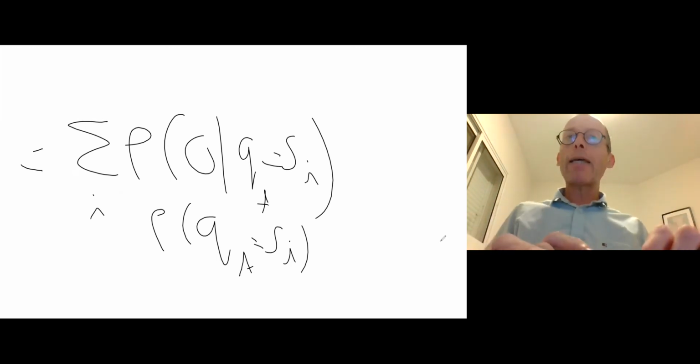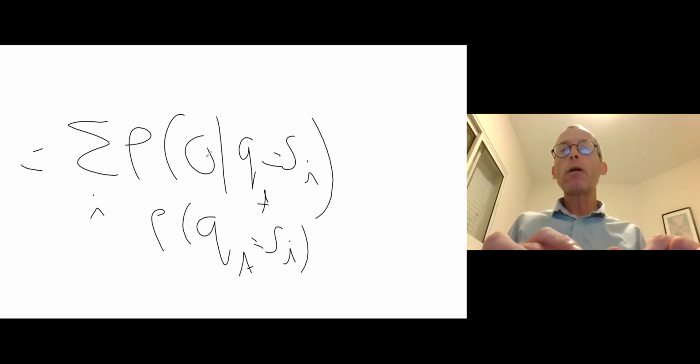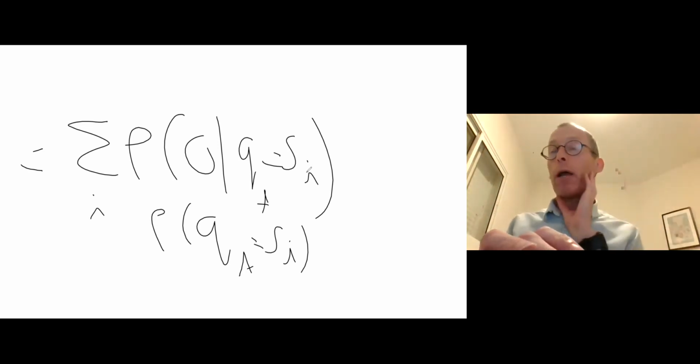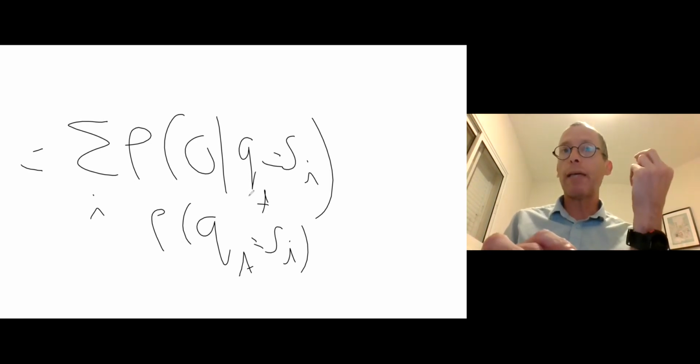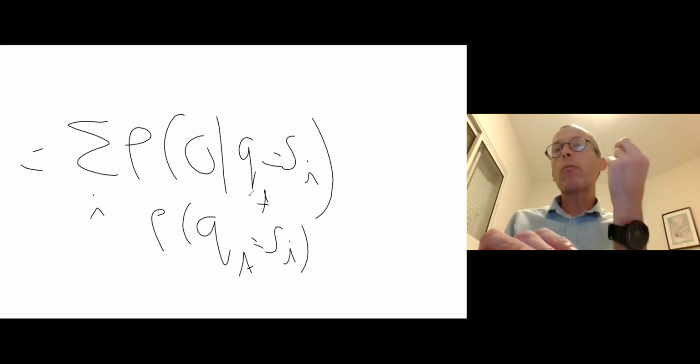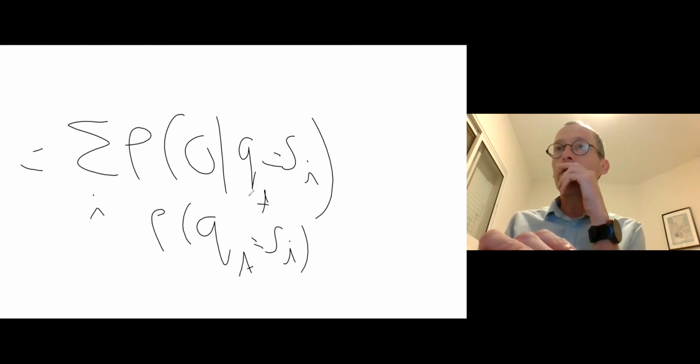Now, you are allowed to use P of O given QT equals SI for I equals 1. You're not given it for 2 and 3. So whatever T is, you have to compute the probability of being there.